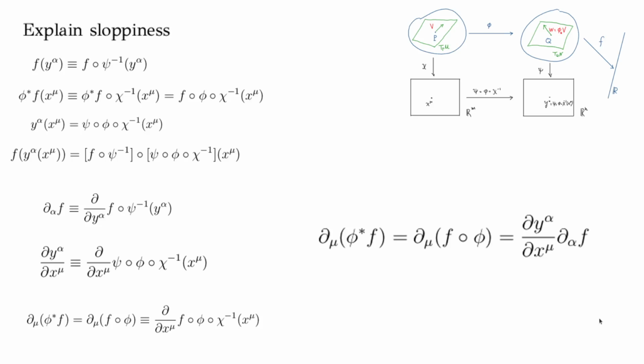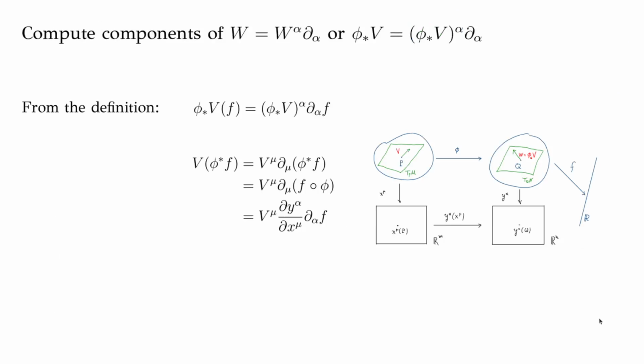So this is the final result, and now we can use this result to compute the components of the push-forward vector v. So this is the definition of the components. This is the action on a function f, and we have defined this number to be the action of v on the pullback of f.